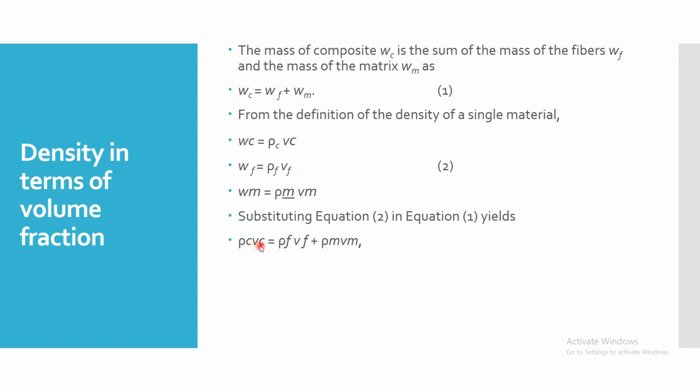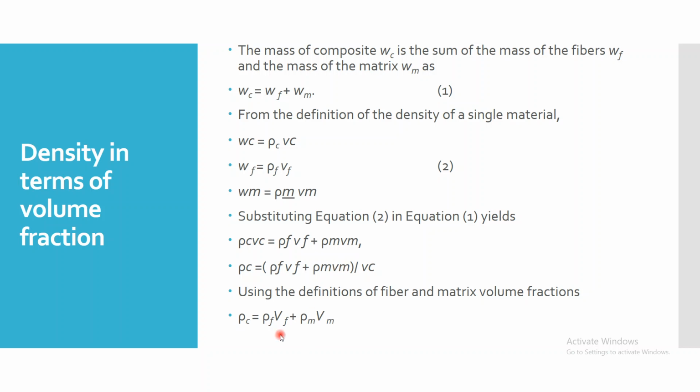Next, we divide throughout the equation by the volume of the composite, so the density of the composite is equal to, if I divide that, it gives ratios like Vf divided by Vc and Vm divided by Vc. So it is rho f into capital Vf plus rho m into capital Vm.